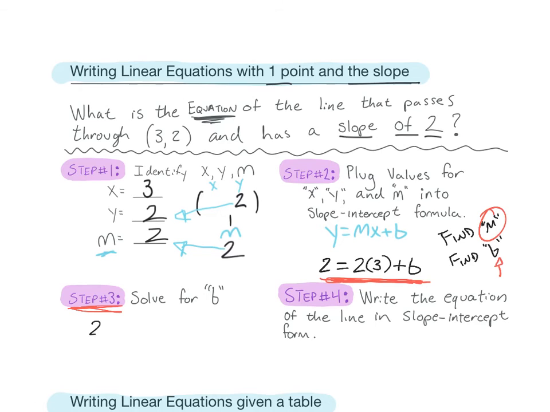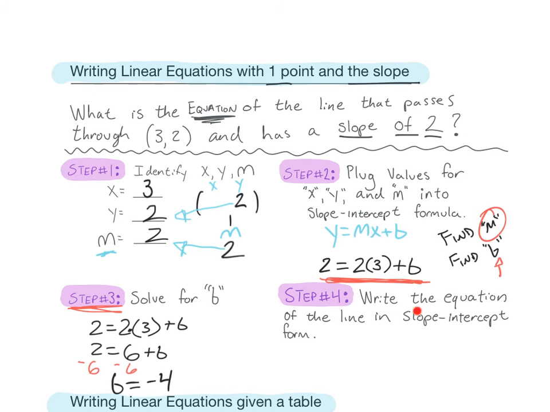Now we're going to write out what we just had. 2 is equal to 2 times 3 plus b. 2 is equal to 2 times 3 is 6 plus b. Then we will subtract a 6 from both sides, and we're going to be left with our final answer of b is equal to -4.